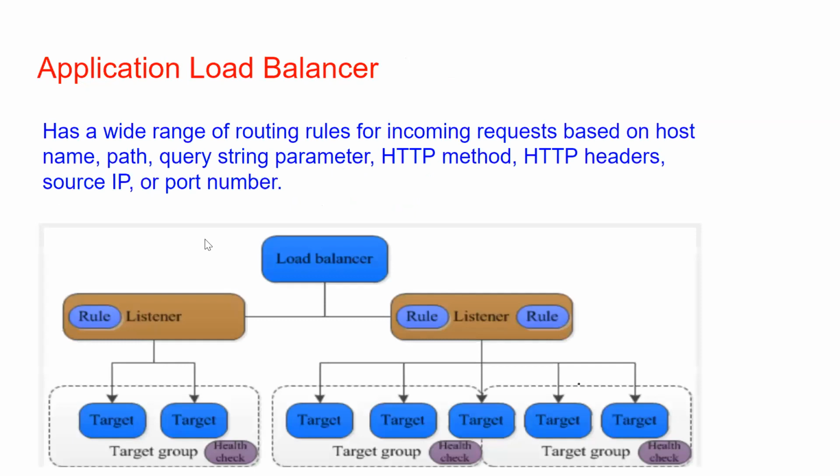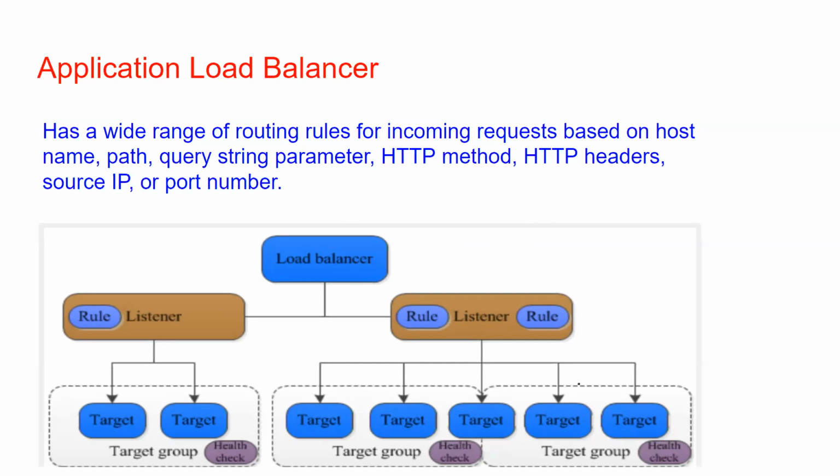When we talk about the application load balancer, this is what you do. Remember the practical we did: we had a debit server and a credit server. The debit server target group was there to serve the traffic coming for debit, and we had set up servers for the credit card as well.